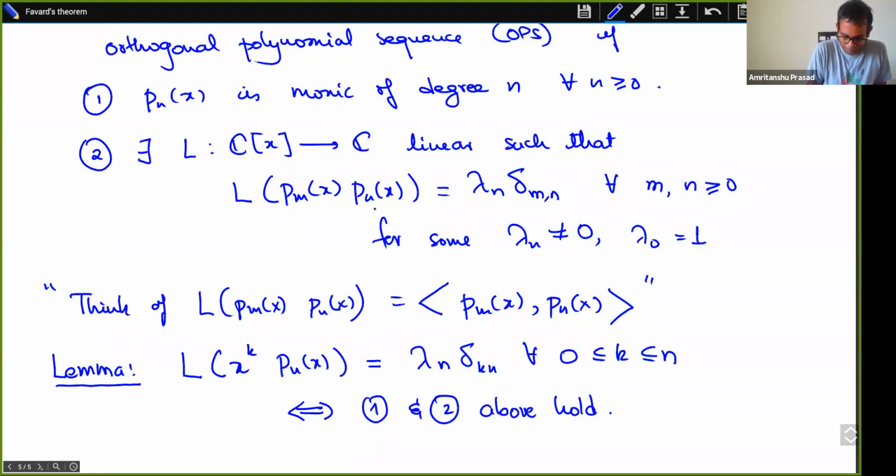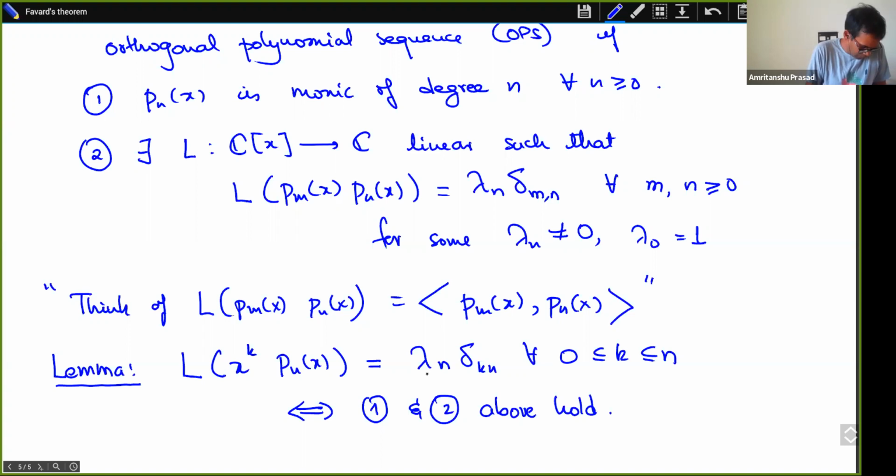Because P_n(x) is orthogonal to P_k(x) for all k less than or equal to n, and those P_k's form a basis. We keep this assumption that lambda_n is not equal to 0.